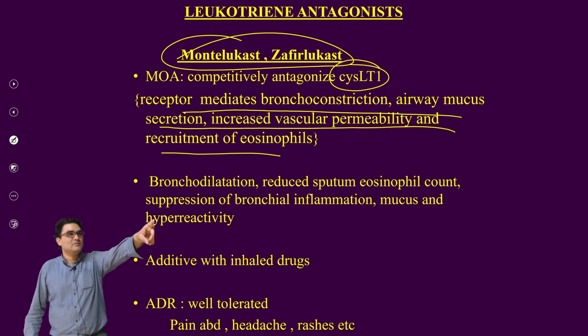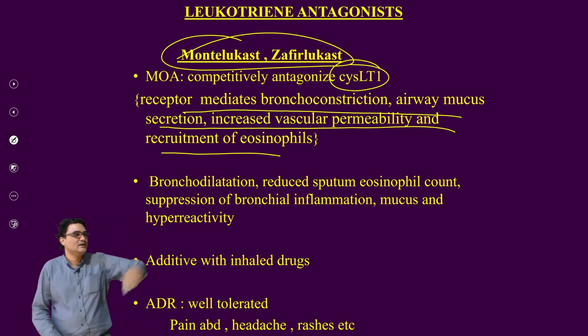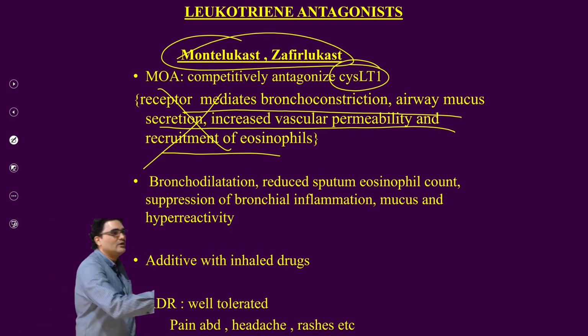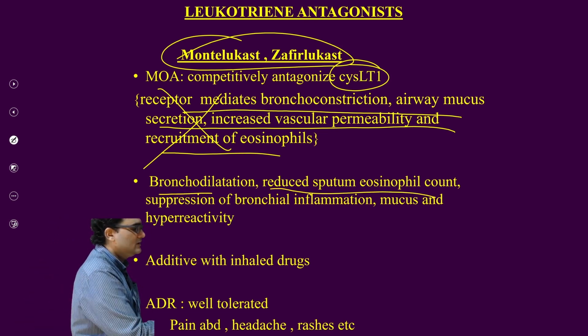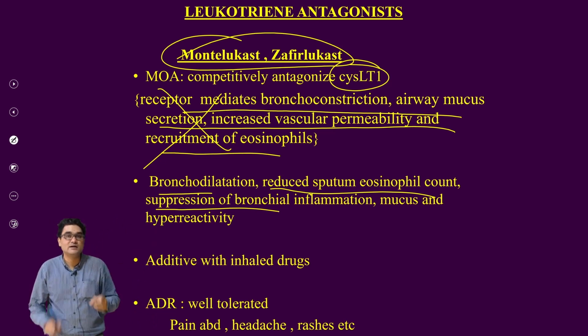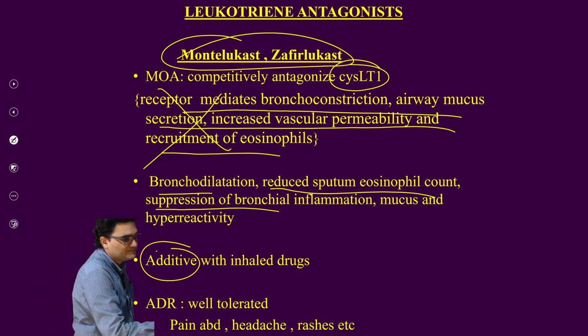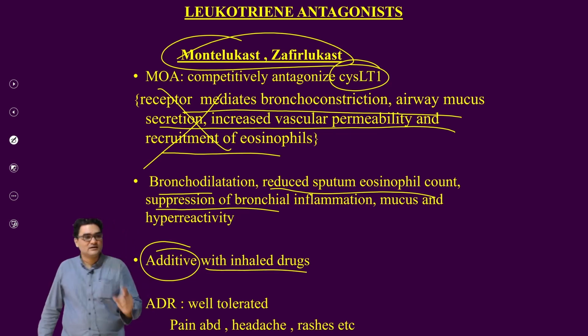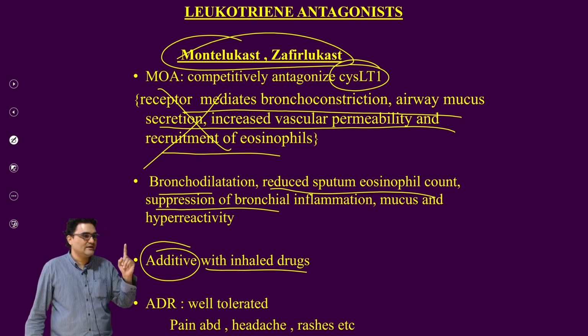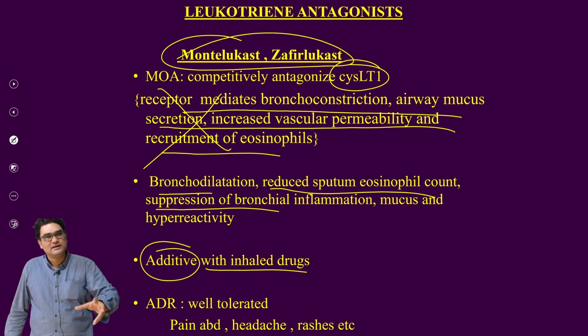By blocking the cysLT1 receptor, it prevents all this. It causes bronchodilation, reduces sputum, and by reducing inflammation they have become very important additive drugs. They can be given in addition to inhalational drugs, not alone. In monotherapy they are not effective. They can be added with other inhalational groups of drugs.